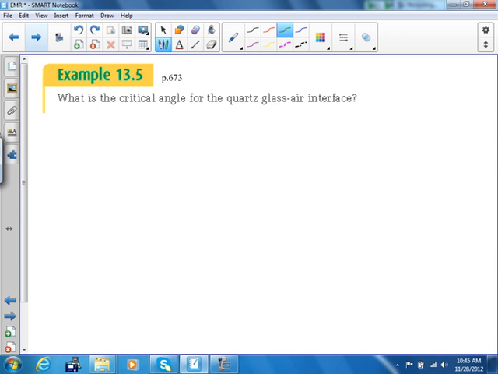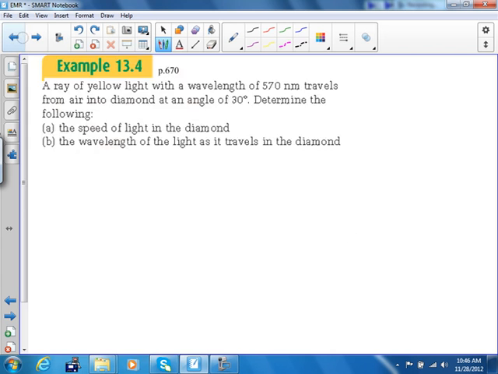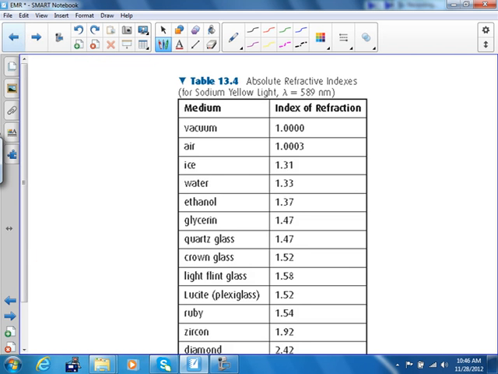Let's try this example, 13.5 on 673. What's the critical angle for the quartz glass air interface? Well, we need some indices of refraction. The index of refraction of air is 1.00. The index of refraction of quartz glass, if we go way back here, quartz glass was 1.47.